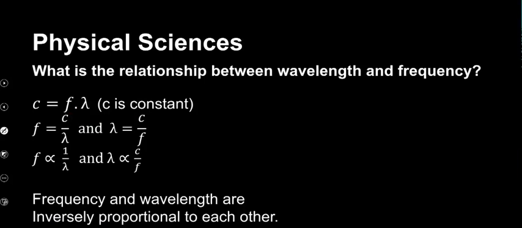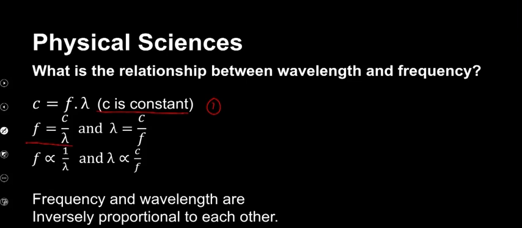Remember that c in this context of electromagnetic radiation is constant. And therefore, we can rearrange our formula with very little worry about what happens to c. If we take our formula number 1 here at the top, and we divide both sides by the wavelength, you can see that we get this expression, which says that the frequency is equal to the speed of light divided by the wavelength.